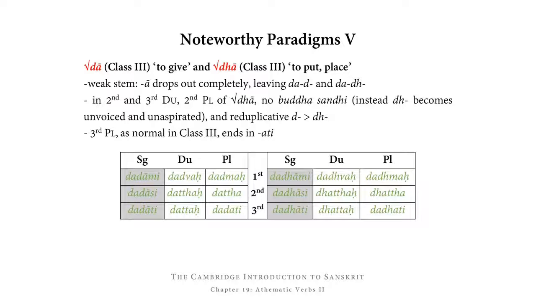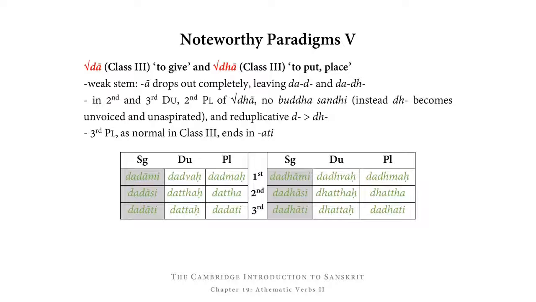Let's look at the forms of dā first. In the dual and plural, we have the first person forms dadvaḥ and dadmaḥ. So da the reduplicative syllable, d what's left of the stem, and our endings vaḥ and maḥ. And then in the rest of the dual, we have dattaḥ and dattaḥ.